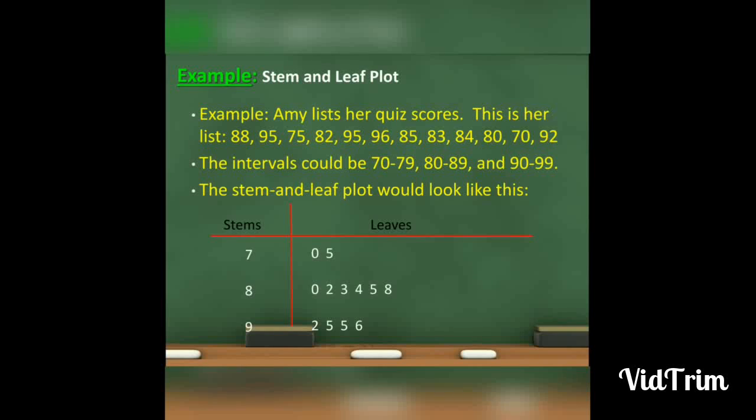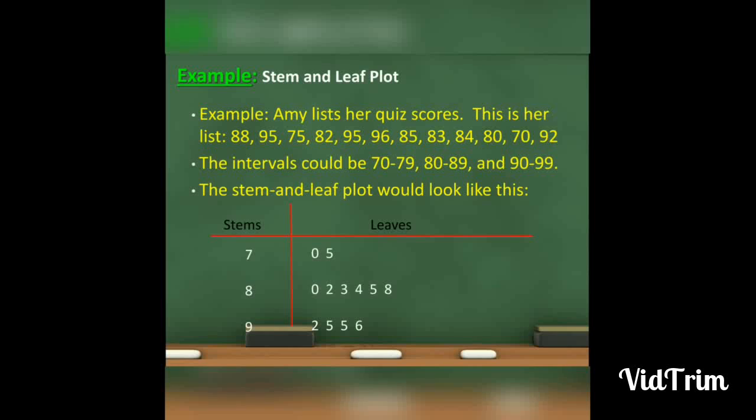Next, in the example, Emil lists her quiz scores: 88, 95, 75, 82, 95, 96, and so on. The intervals could be 70 to 79 and 90 to 99.